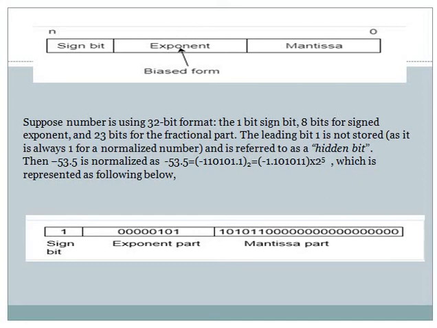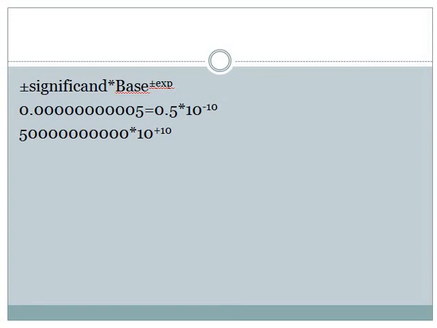Now, this is the mathematical expression for floating point representation: plus or minus significand times base 10 to the power of plus or minus exponent. A large number can be represented like this. See here, 0.000000000 1 2 3 4 5 6 with 10 zeros can be represented as 0.5 into 10 to the power minus 10.